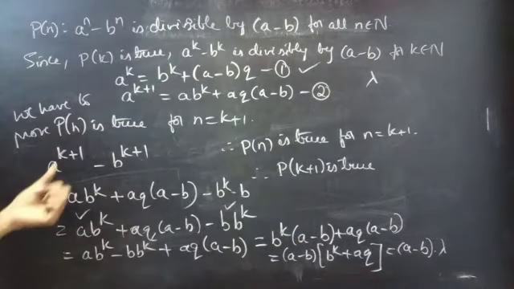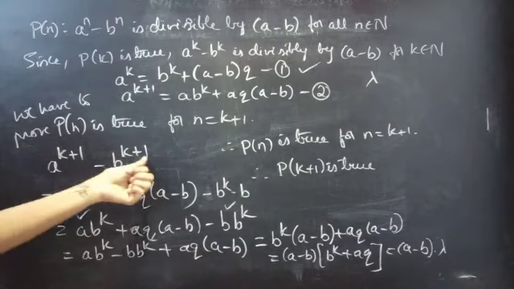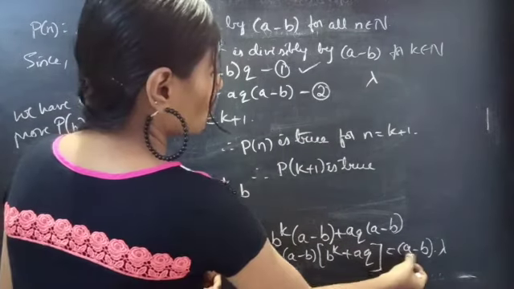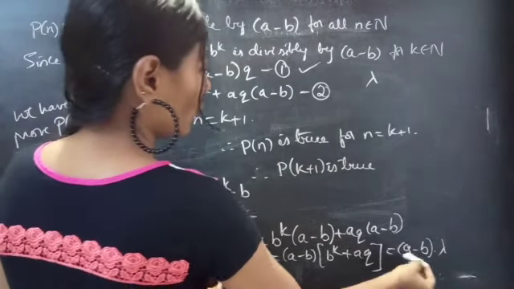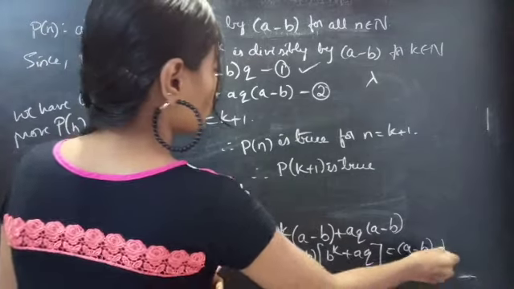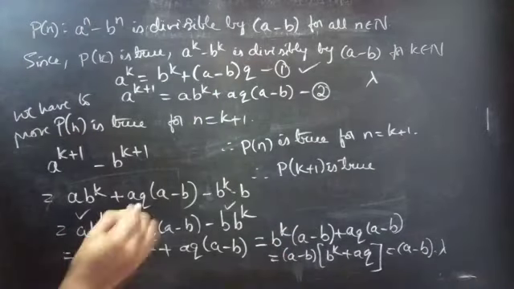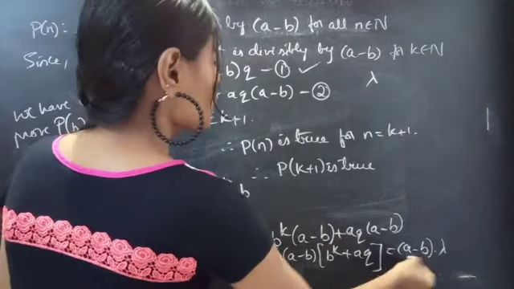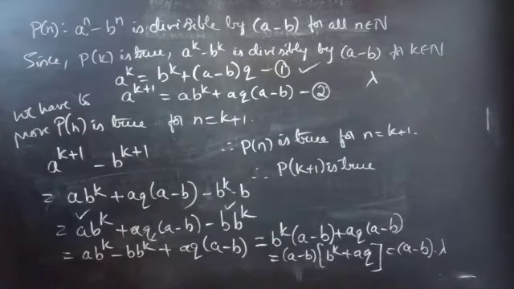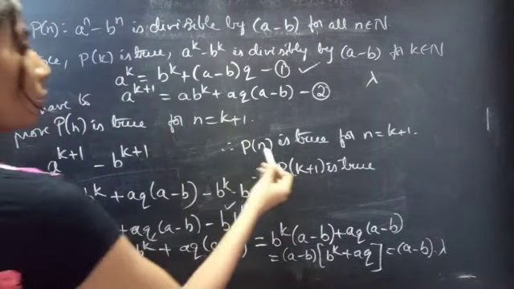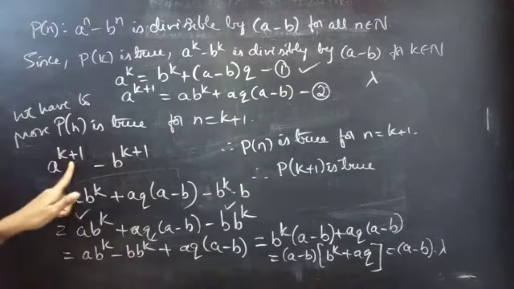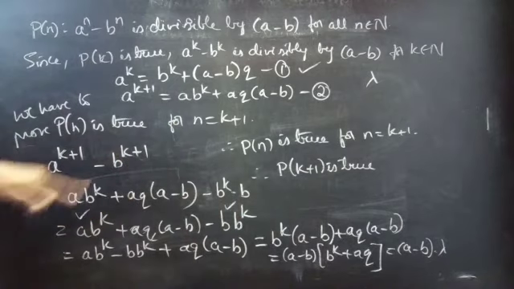So a power k plus 1 minus b power k plus 1 is a multiple of a minus b. A minus b into lambda is a multiple of a minus b, and it is also divisible by a minus b, which we have already seen earlier. So from this we can say that p of n is true for n equals k plus 1.